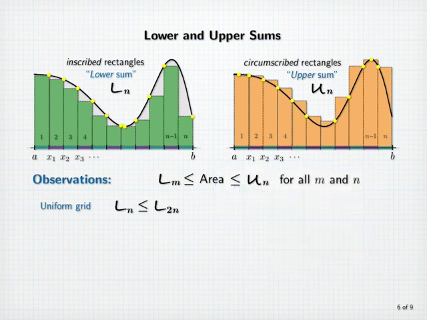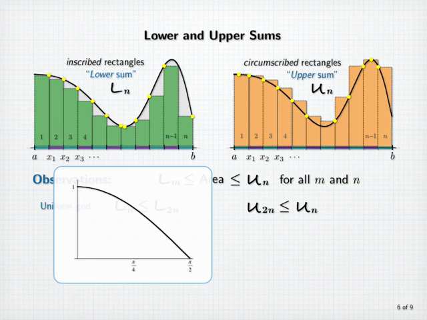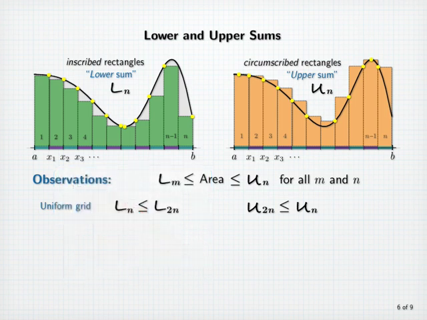Similarly, if we double the number of rectangles, then the upper sum can only decrease. Here's a picture to illustrate that. Here's an upper sum using 4 rectangles. By doubling the number of rectangles, we end up with a lesser total area. Now, by the previous observation, the area is trapped between all of those upper sums and lower sums.